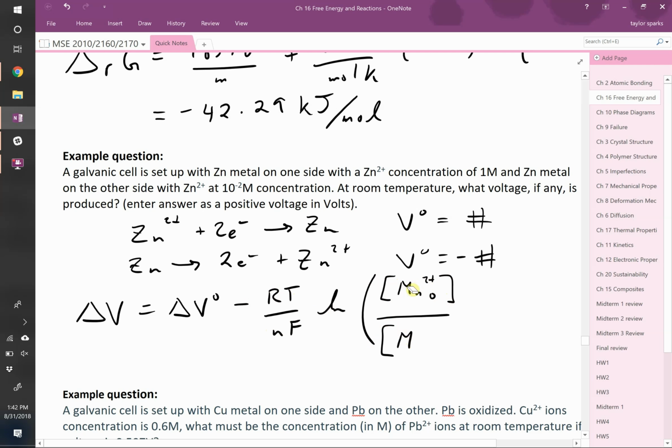Oh, sorry, zinc, not Mn. And when you plug in these different concentrations, you're going to find that you do get a voltage. So give that a shot.